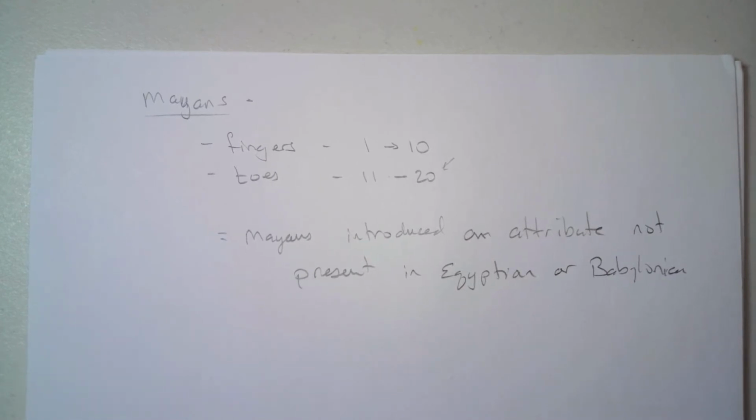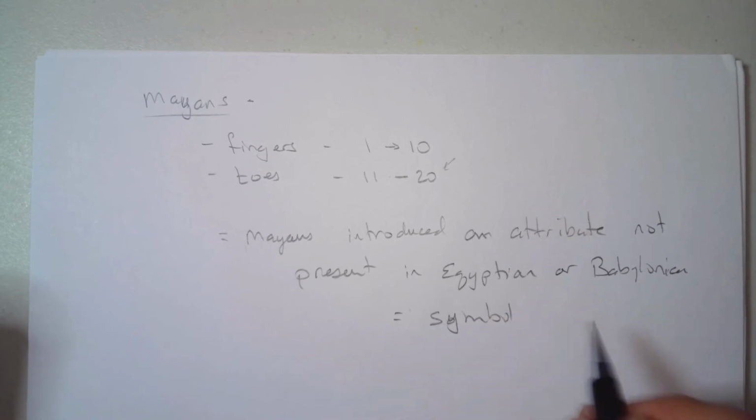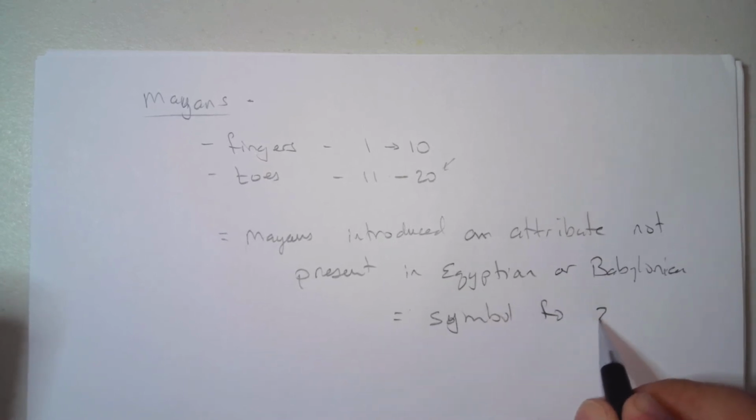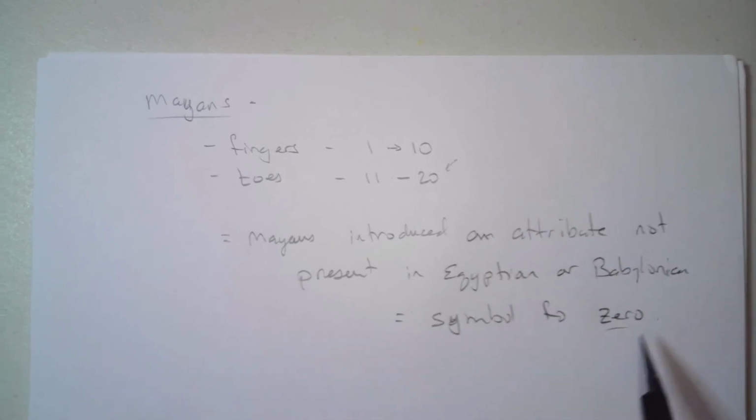What they introduced was the concept of the symbol for 0, which is a big deal.